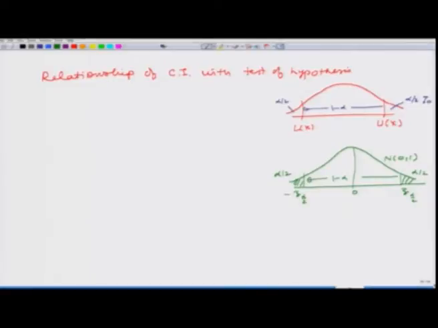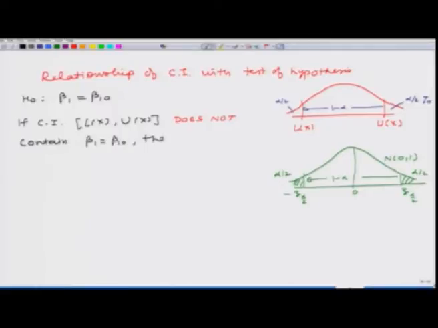Right. Now, if I consider the test of hypothesis H0: beta 1 is equal to beta 1 naught, the rule is very simple: if the confidence interval, say Lx to Ux, does not contain beta 1 equal to beta 1 naught, then H naught is rejected.